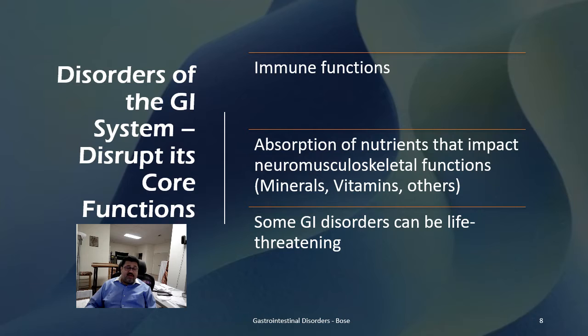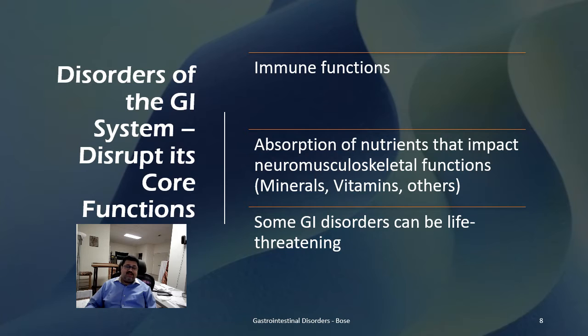How does it supply nutrients? It absorbs these nutrients from the diet that we eat. Additionally, the gastrointestinal system also has immune functions. It has functions that aid in resisting disease.